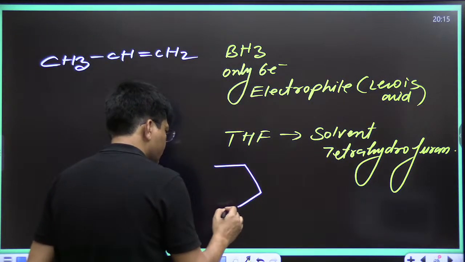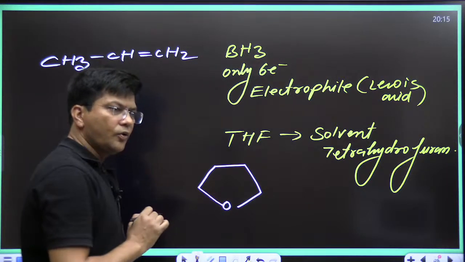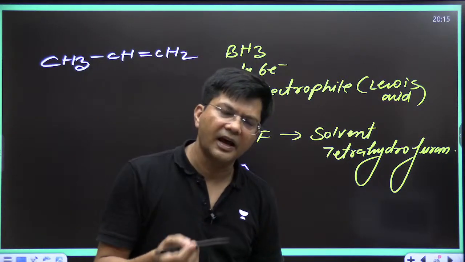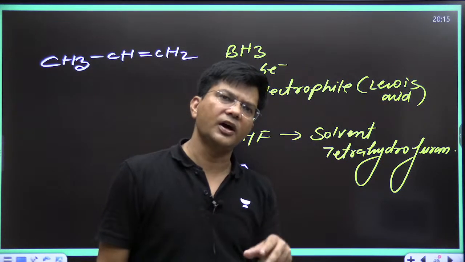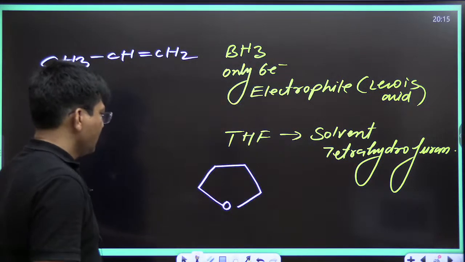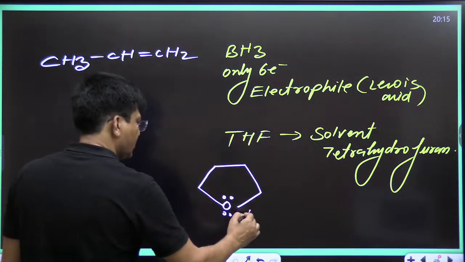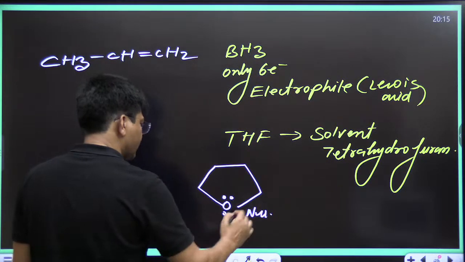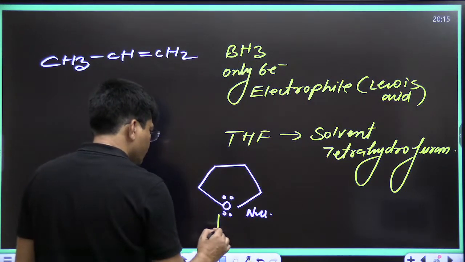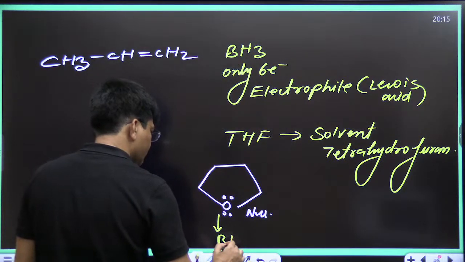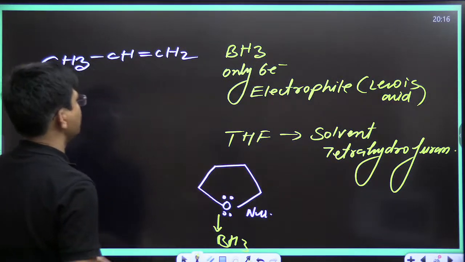You know furan is aromatic, and if you add 4 hydrogen atoms to furan, you will get tetrahydrofuran. Now, this has a lone pair and is the nucleophilic part, and it gives support through a coordinate bond to BH3, so that it should not dimerize to B2H6. So that's why the solvent is used.